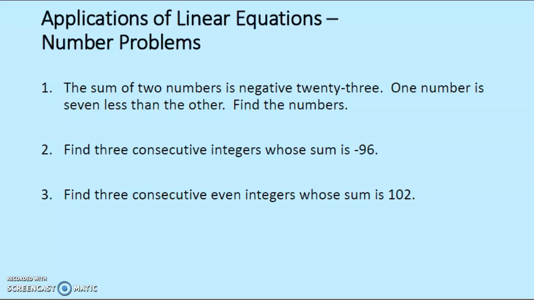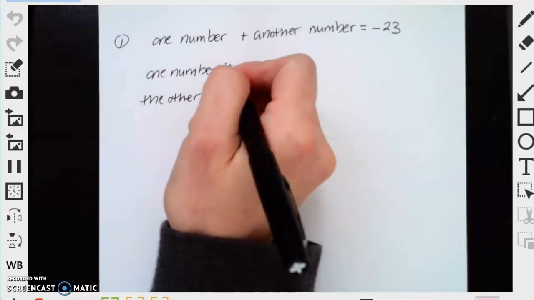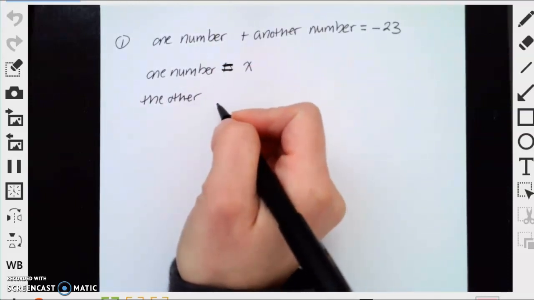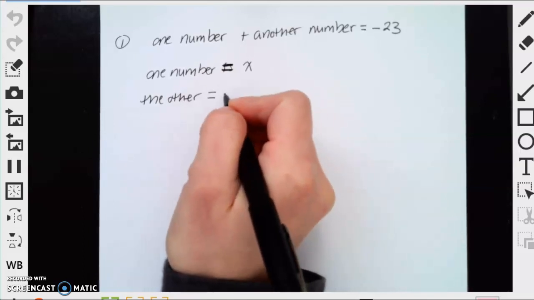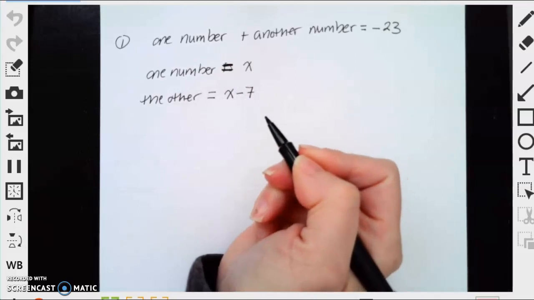So one number is x, I could just say one number equals x. The other, we were told, is 7 less than that. So the other is that first number minus 7, 7 less than that number.